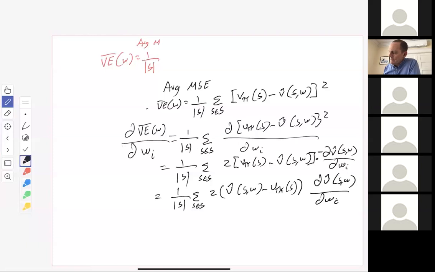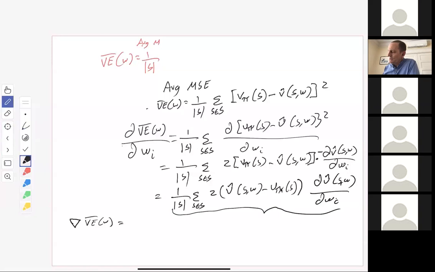If we looked at the gradient of V hat, that's just going to be equal to a bunch of elements of a vector, all of this form. Okay? They're all going to have the same value before the partial derivative. That same term of 1 over the cardinality of S times the summation, and so on.